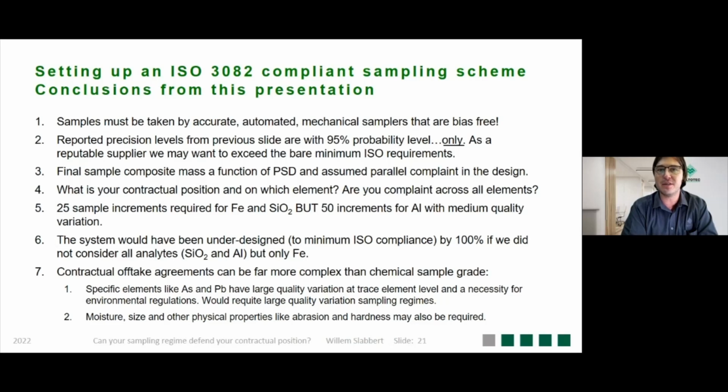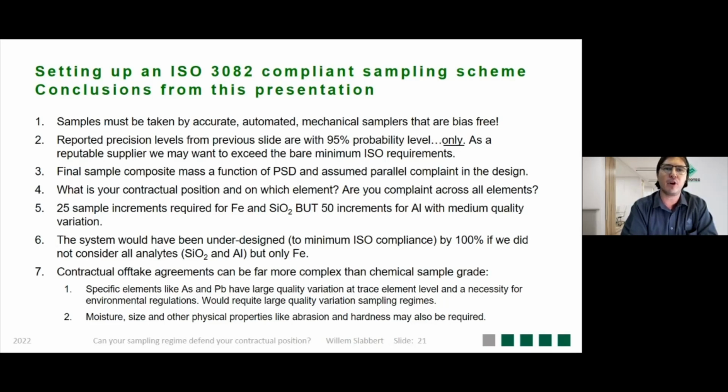As a reputable supplier, we may not want to adhere to the absolute minimum compliance of the ISO spec. We may slightly want to exceed that if we want to distinguish ourselves as someone that takes quality assurance seriously and supplies good quality products.